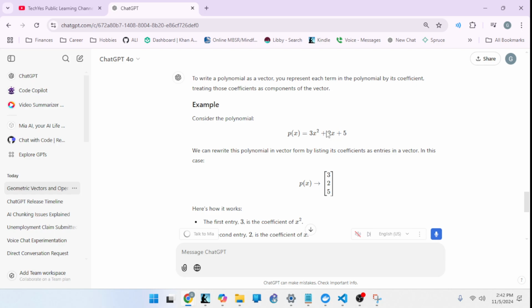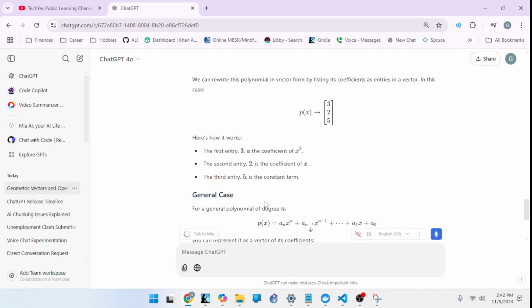We could just write it as 10 because we know what x equals, but since we don't, we have to write it out as a full polynomial. So you can write it in vector form by listing its coefficients as entries in a vector. So this is how you would do that. So 3, 2, and 5 would be placed like that.